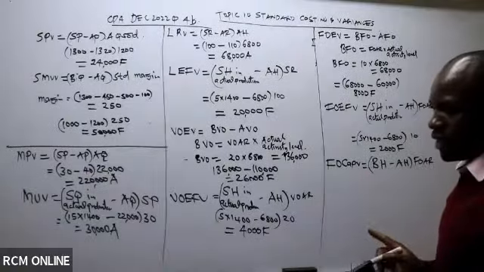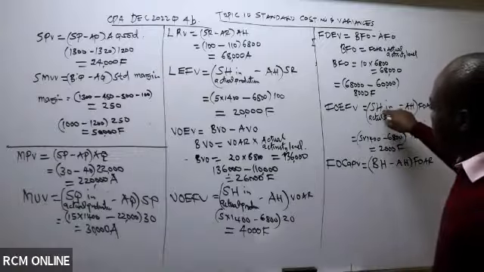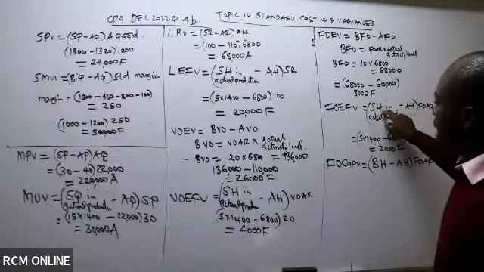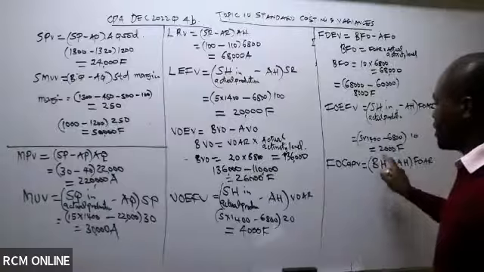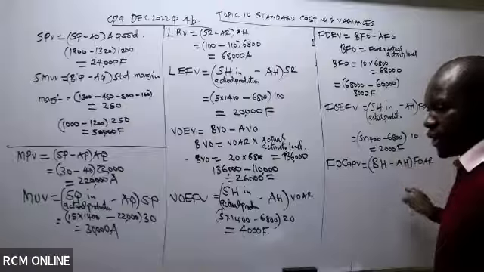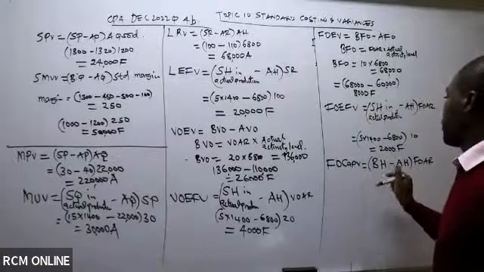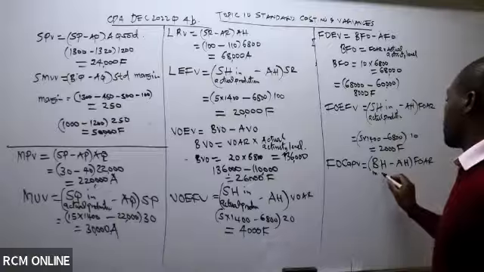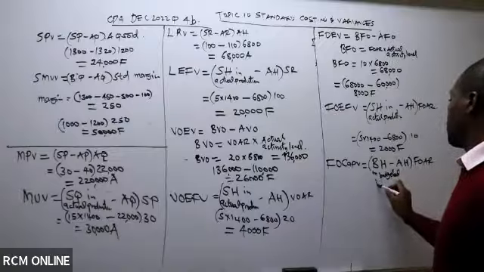The only difference is, under the efficiency variance, we are talking about standard hours in actual production. Here, it is standard hours in standard or budgeted production. So that's why we talk about budgeted hours in budgeted production.